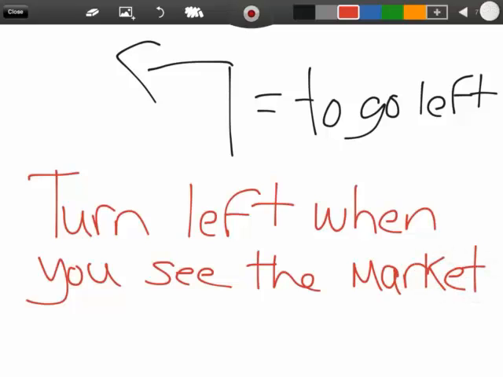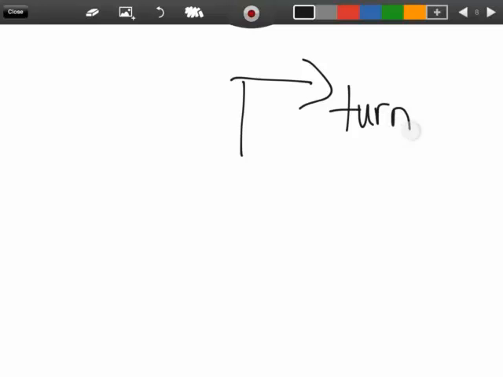Moving on to our next part, I gave you this figure, which was turn right.